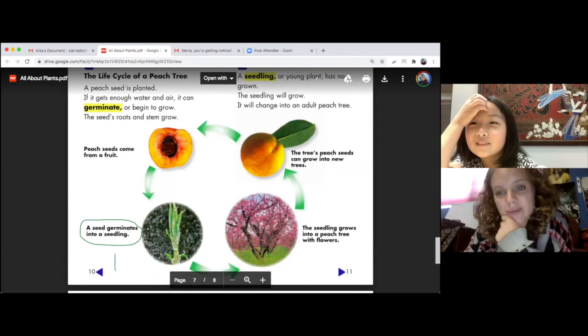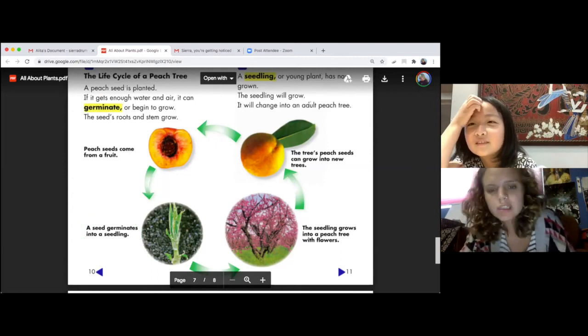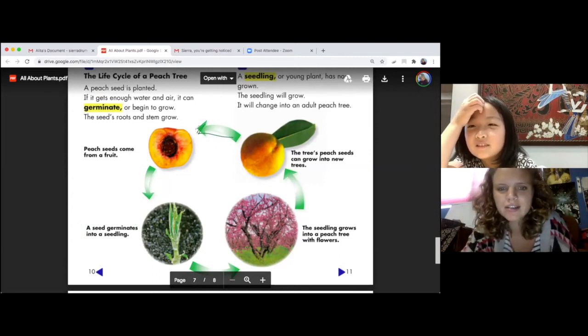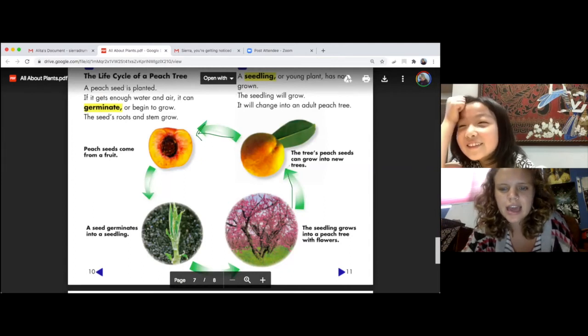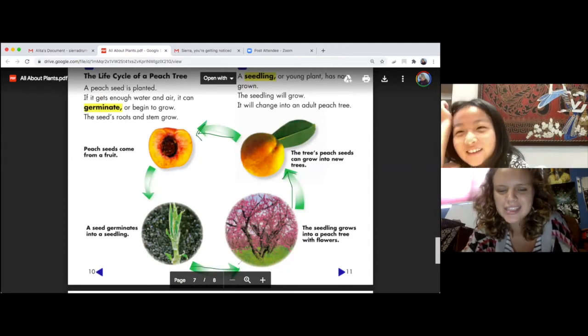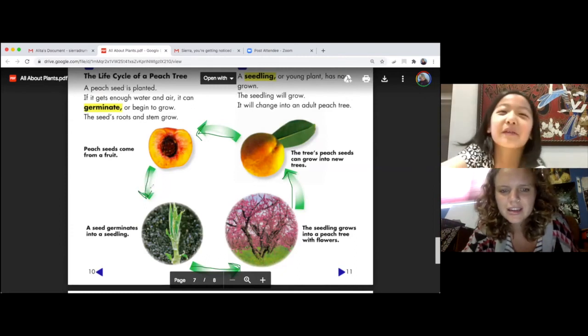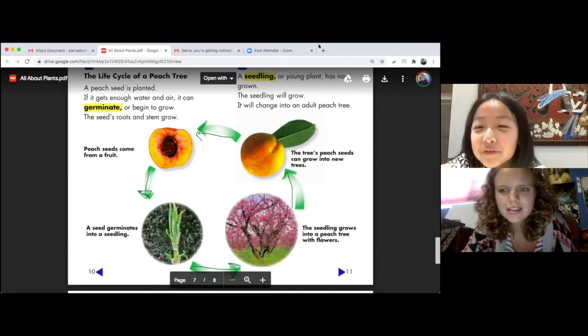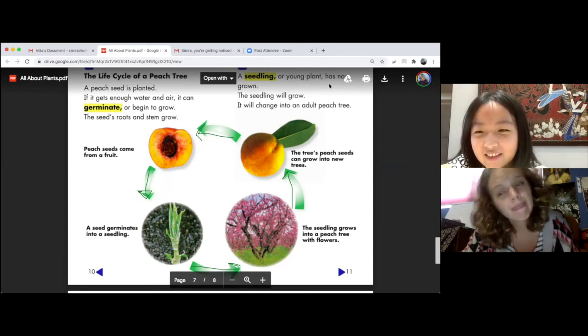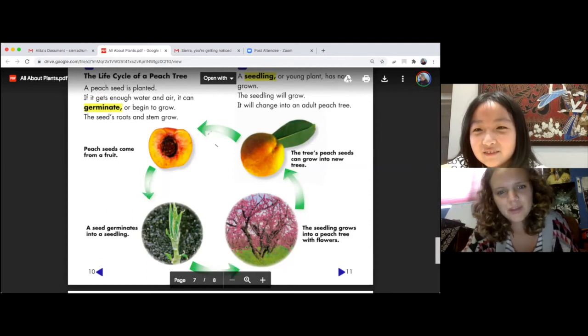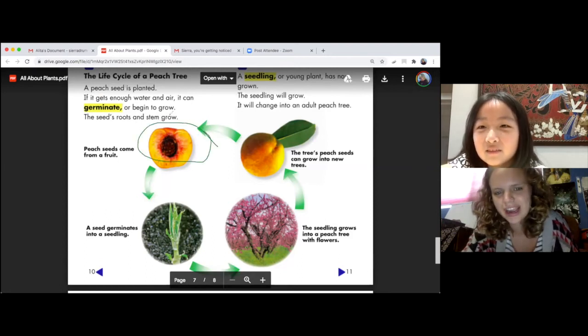No, okay, well, so that's what's tricky about a life cycle. A life cycle happens over and over again, so there is no real one, right? There is a real one. It starts with a peach. If you don't have a seed, how can you have a seedling? That's true. But then the fruit had to come from somewhere too, right?